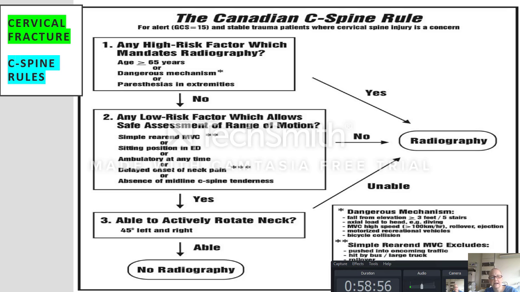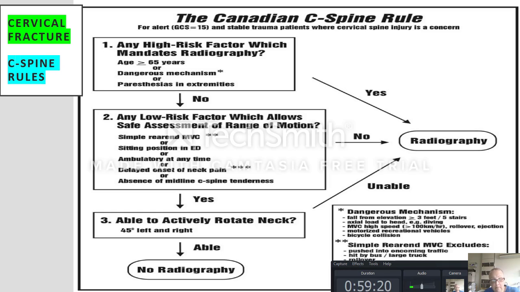Absence of midline C-spine tenderness. If any of those say yes, there's no tenderness in my spine, then they go down to 3. If they say no, like, no, it wasn't a simple rear-ended motor vehicle accident. No, I was not sitting. I was lying down in the emergency department.